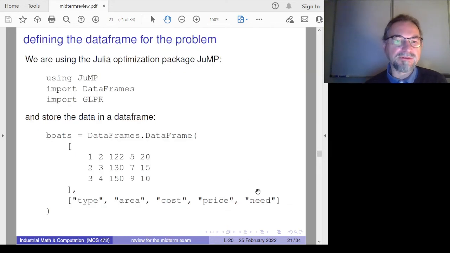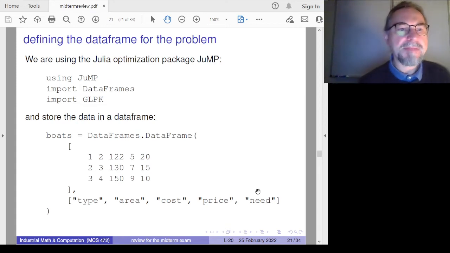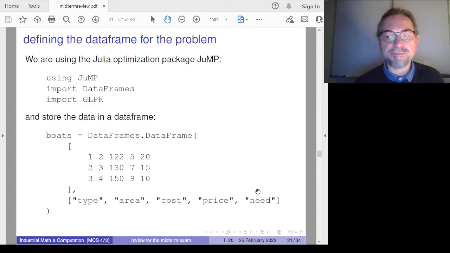Alright, we don't really solve things by hand in this course. This is a computational course. And there is the very convenient optimization package in Julia, which allows us to work quite in general. We can store the data in a data frame.